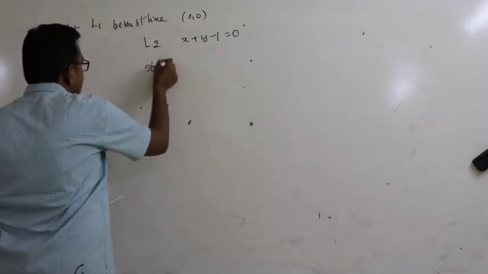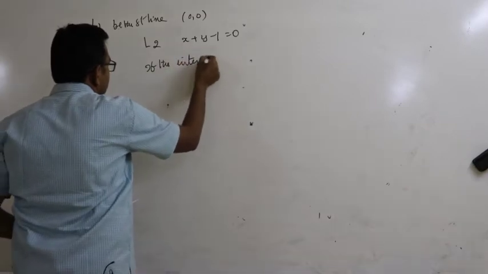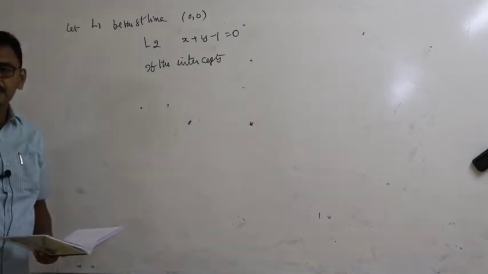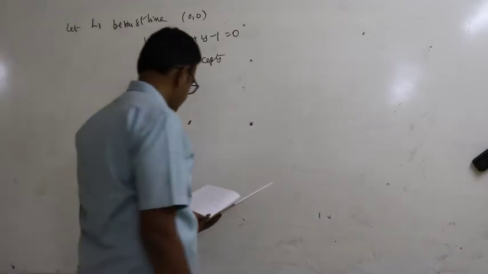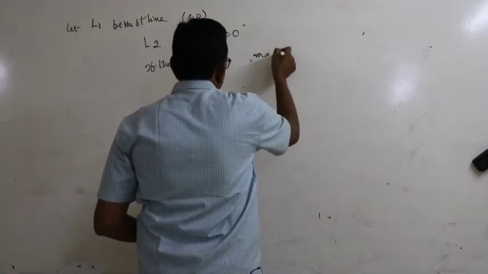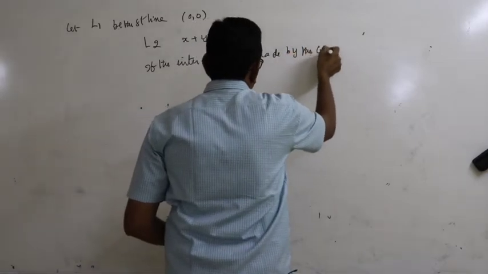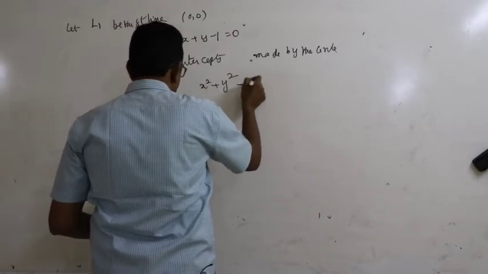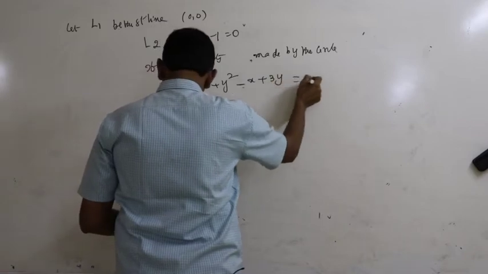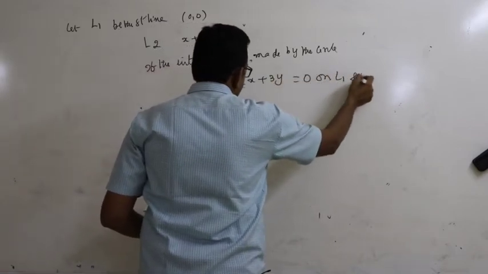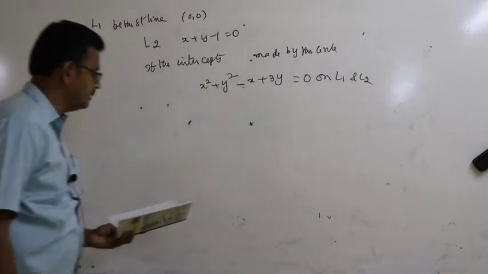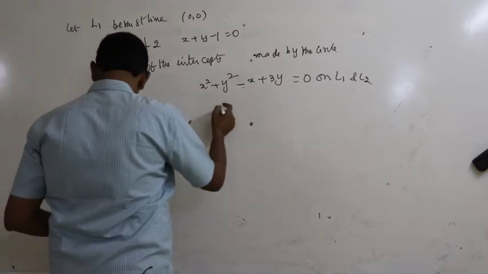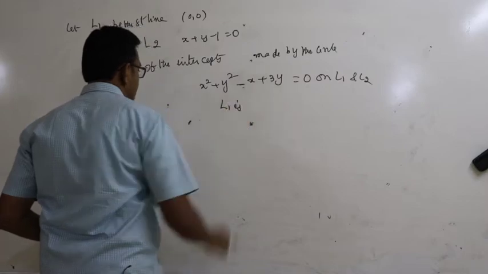If the intercepts made by the circle x square plus y square minus x plus 3y equal to 0 on L1 and L2 are equal, then the equation of L1 is.